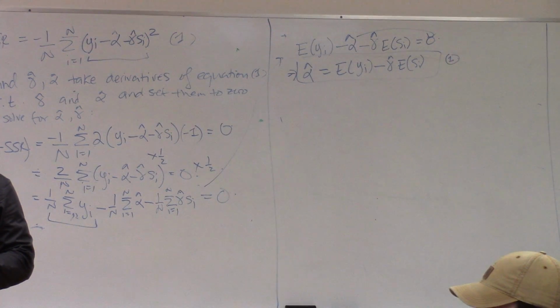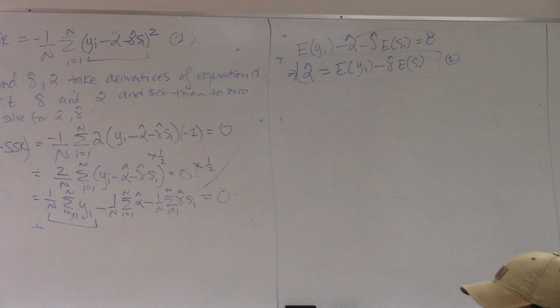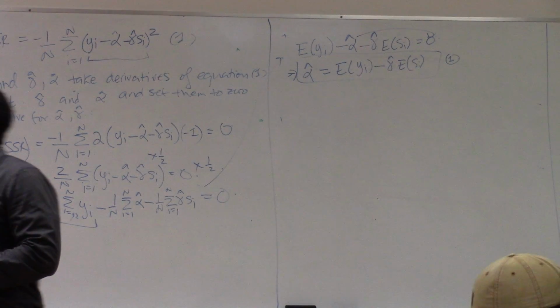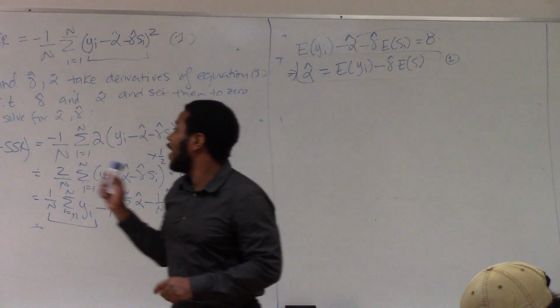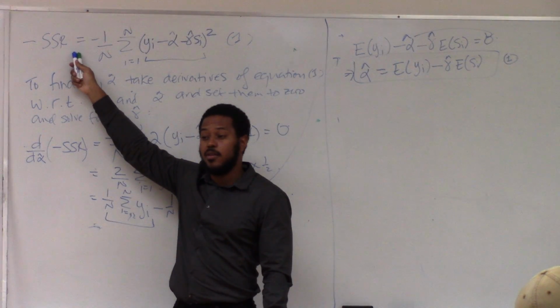Take the derivative. Say that again? No, but it has to do with si. The value of gamma hat should do what for si? So let's look back at this. We're going to choose gamma hat so that we minimize SSR, or maximize minus SSR, right?